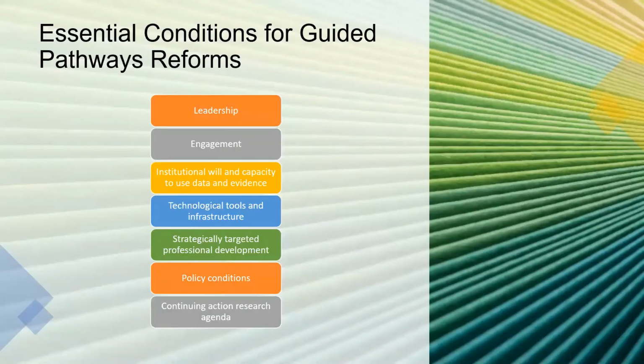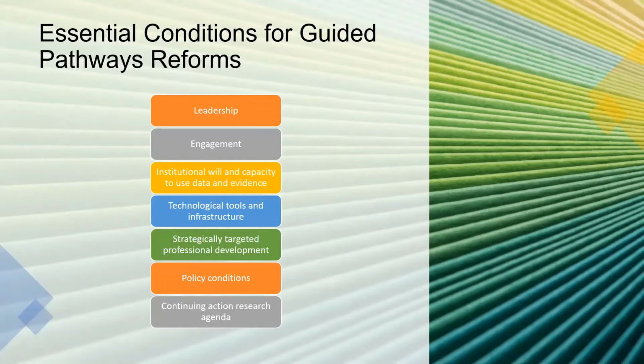Research and experience in the field indicate that the following capacities are essential for motivating and supporting higher education institutions and systems to undertake the broad-scale institutional reforms involved in implementing guided pathways effectively and at scale. Leadership, demonstrating skills for managing and sustaining large-scale transformational change.